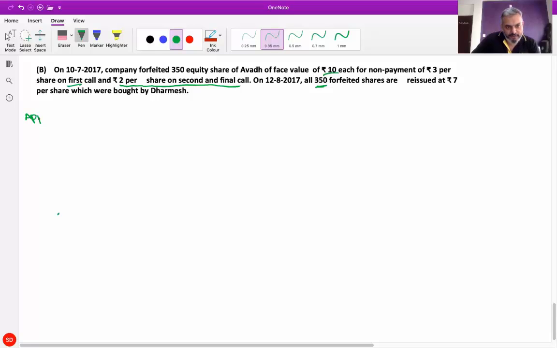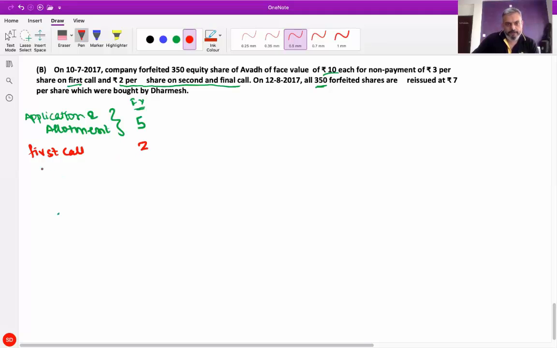So application and allotment both together face value 5 per share, first call 2 per share, final call... first call 3 per share, final call 2 per share, so total is 10.